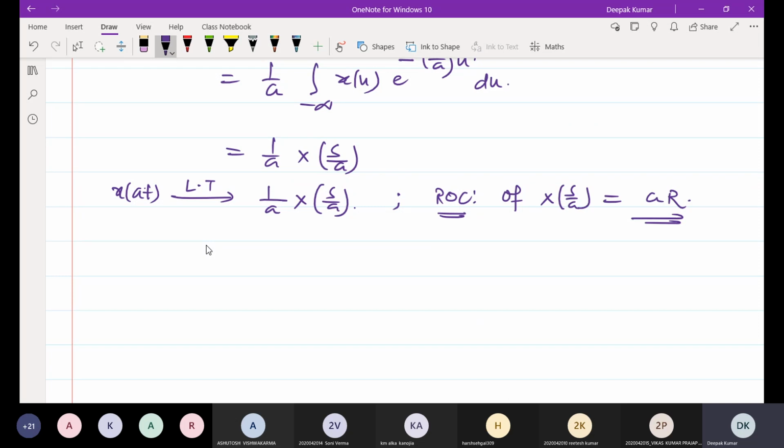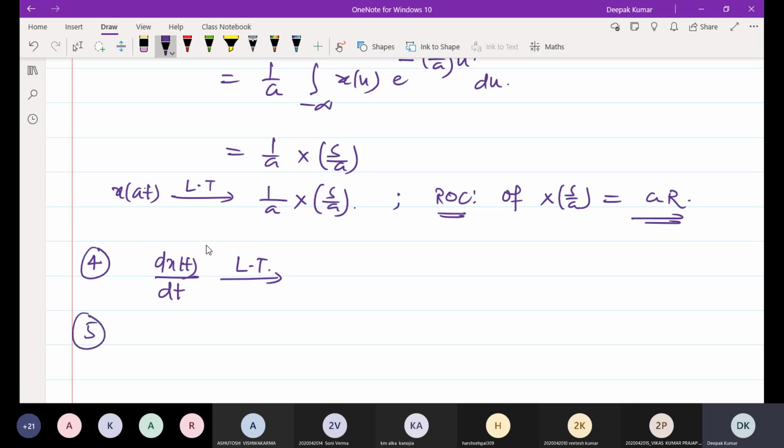Like this, you can do all the different types of questions in a similar way. I am giving some questions, please try to find one: the Laplace transform of this signal if you know the Laplace transform of x of t is x of s.